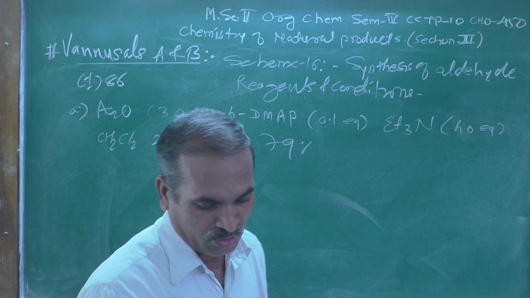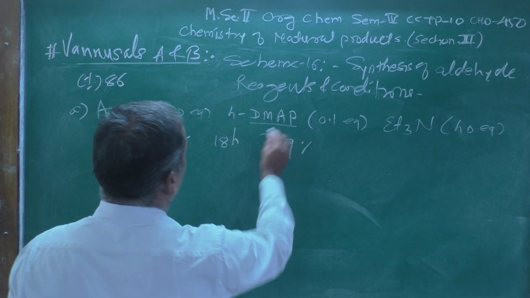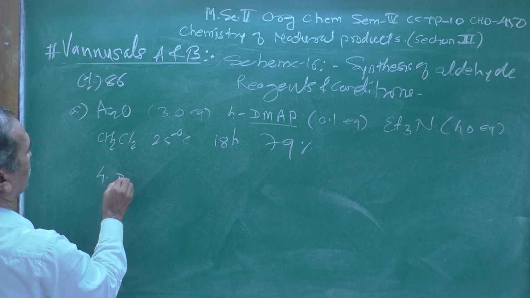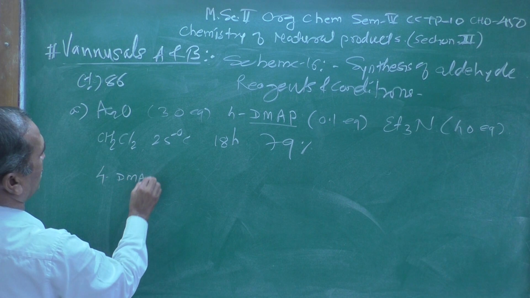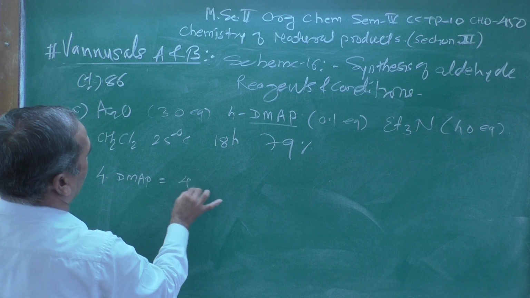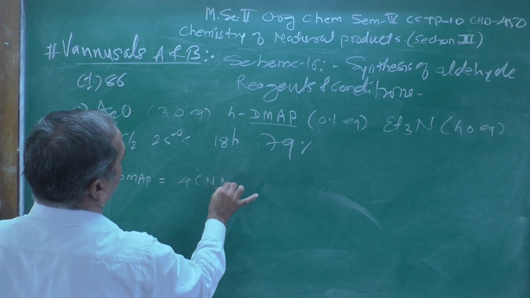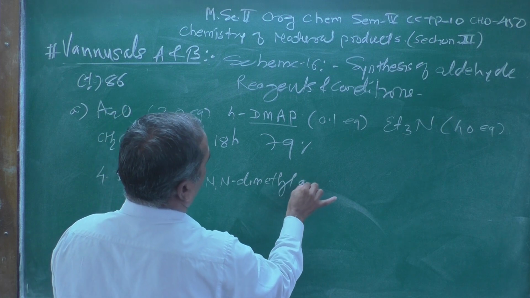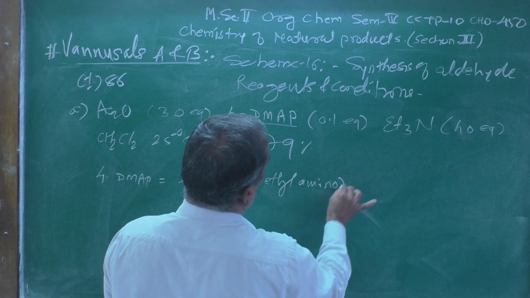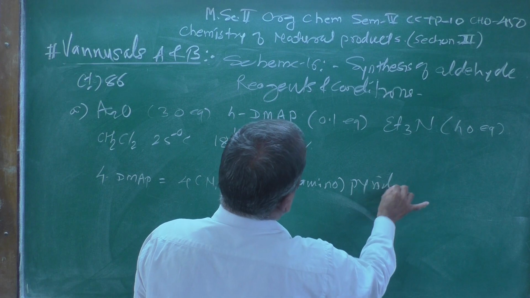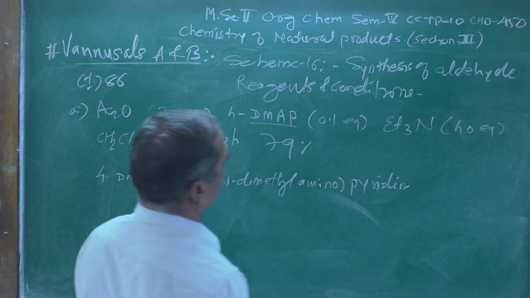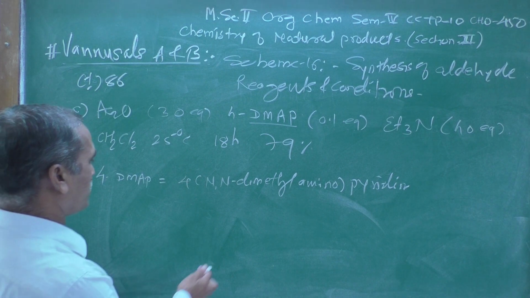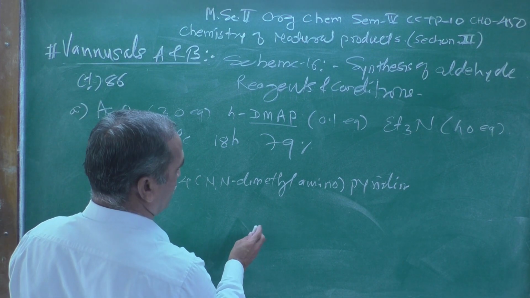Let us see what 4-DMAP means. DMAP is nothing but 4-N,N-dimethylaminopyridine. That is the full form of DMAP. Let us see the structure over here.